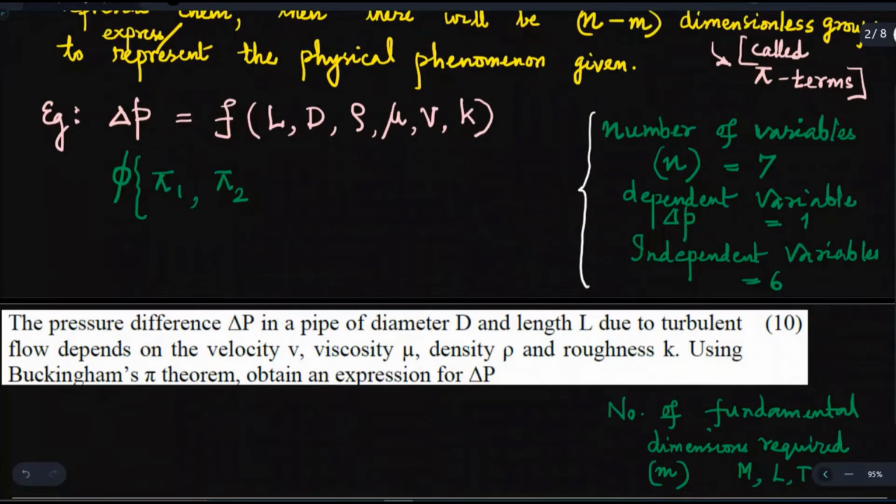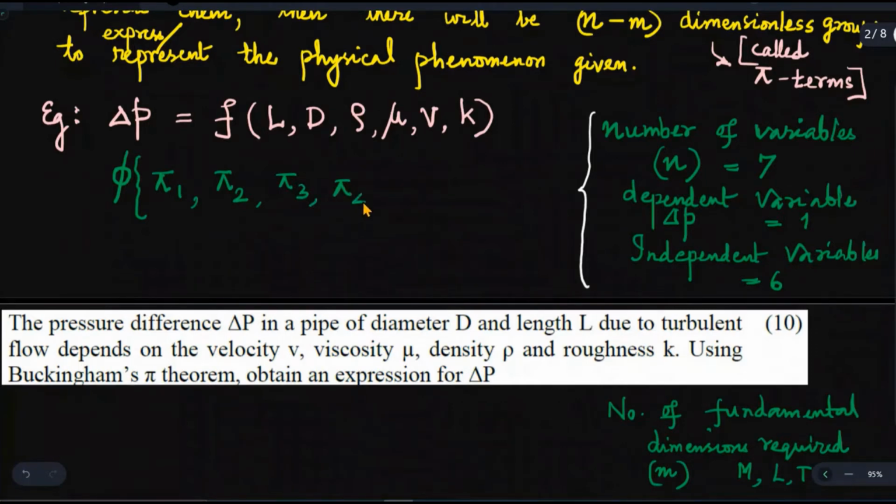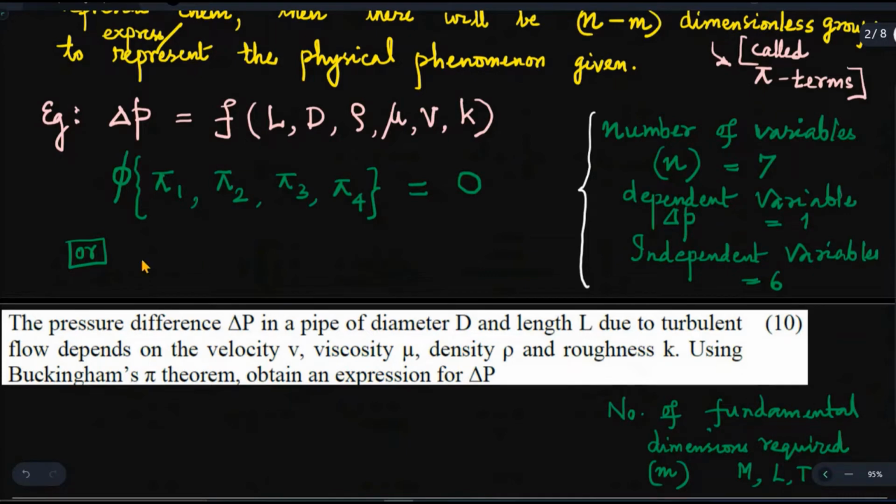So there are 4 pi terms: pi 1, pi 2, pi 3, and pi 4. These 4 pi terms can fully represent the given physical phenomenon or fluid flow problem. So mathematically, you can write a function of all these pi terms equal to 0. This is another way of representing the given problem. This can also be written as: pi 1, the first pi term, any pi term is a function of the rest.